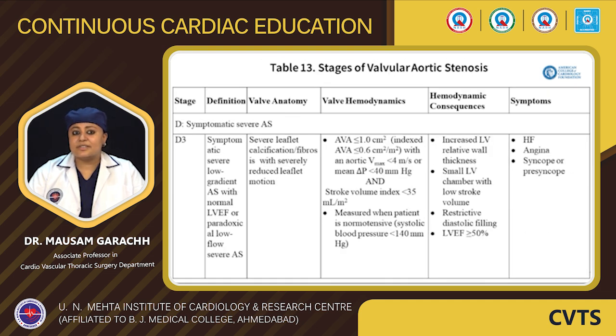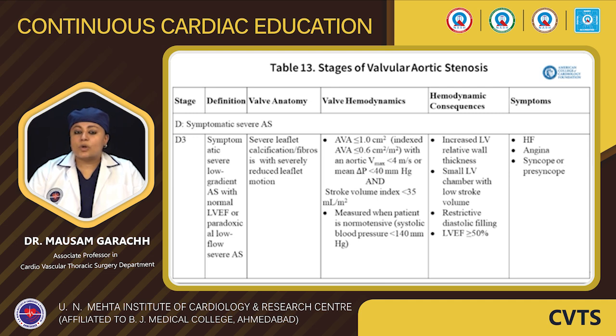Now the symptomatic severe aortic stenosis, D3. Symptomatic severe low-gradient aortic stenosis with normal LVEF or paradoxical low-flow severe aortic stenosis. Anatomy would be same. The hemodynamics, the area would be less than 1 centimeter squared with a velocity less than 4 meters per second. The mean gradient would be less than 40 millimeters of mercury and stroke volume index would be less than 35 milliliters per meter squared.